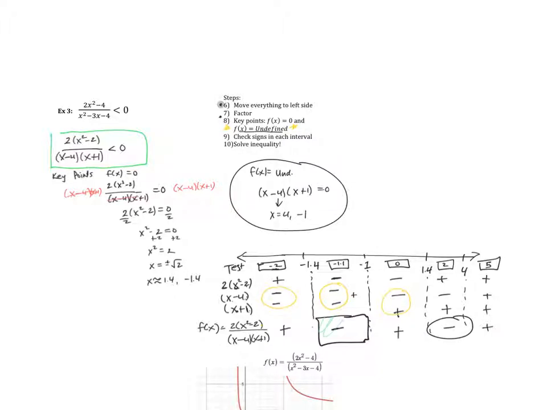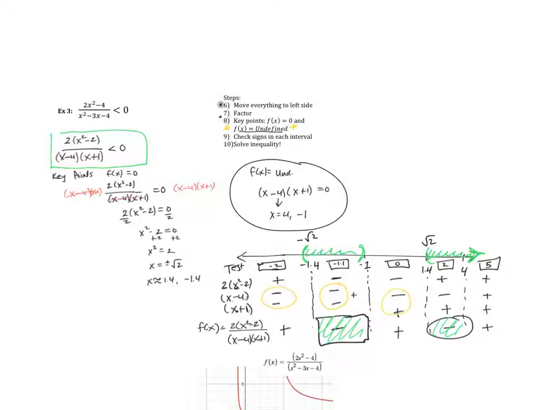So those are my outputs which are negative, and so I have 2 intervals. I'm going from negative 4, whoops, not including it. That should just be a parentheses. Negative 4 to negative 1. And then from 1.4 on towards infinity. And those are the square roots of 2. So it'd be negative square root of 2, and this is positive square root of 2.